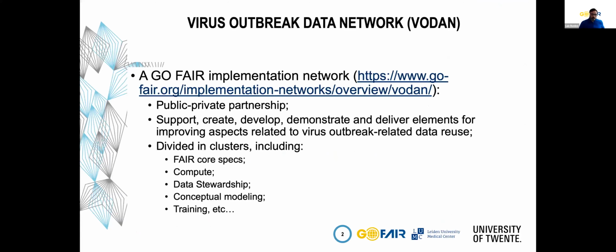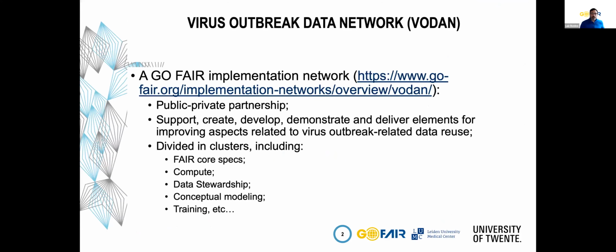Just very shortly to contextualize this, we are talking about this in the context of the Virus Outbreak Data Network, VODAN. The name is used in two different aspects or contexts.